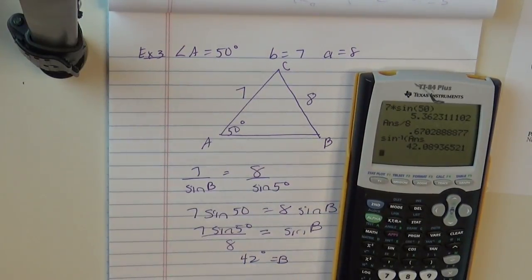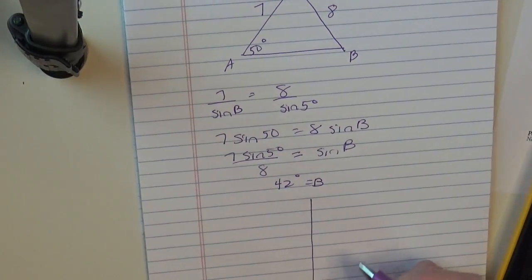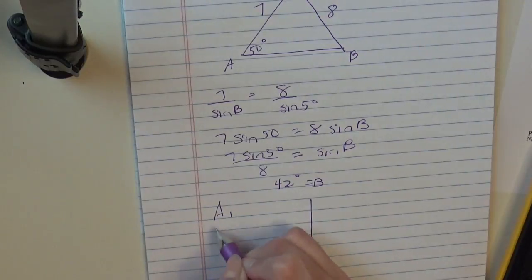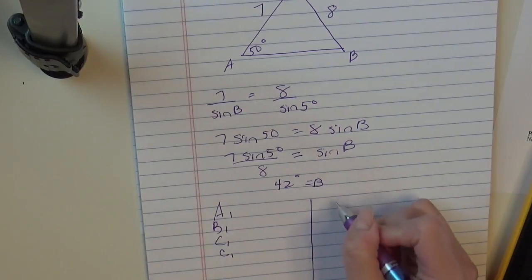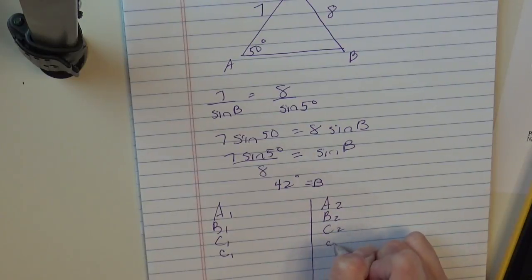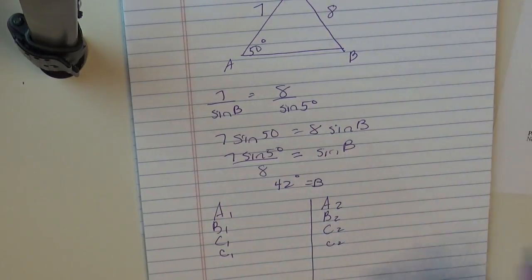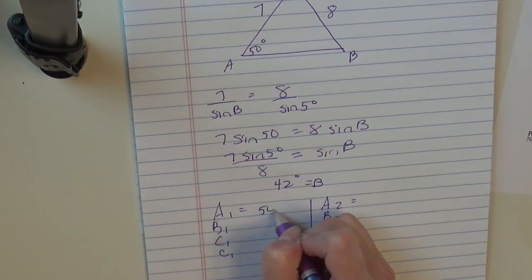Okay, so we'll do our two columns. We'll have A1, B1, C1, and then we'll be solving for side c1. And then we'll do A2, B2, C2, and then side c2. So angle A for both triangles is 50 degrees.